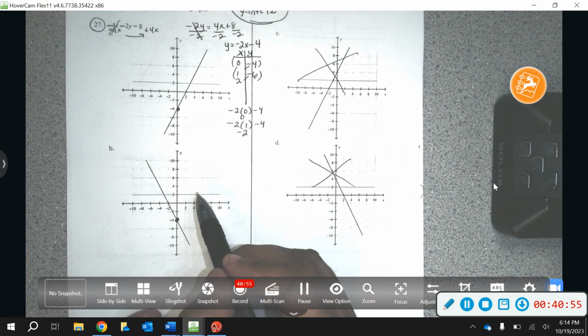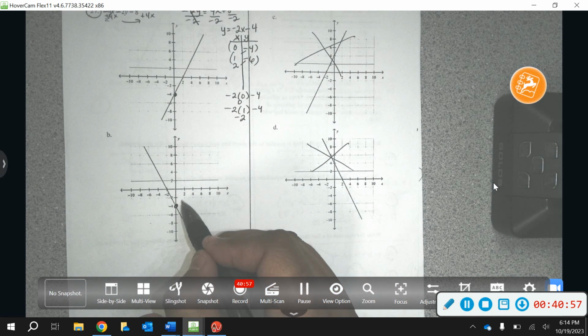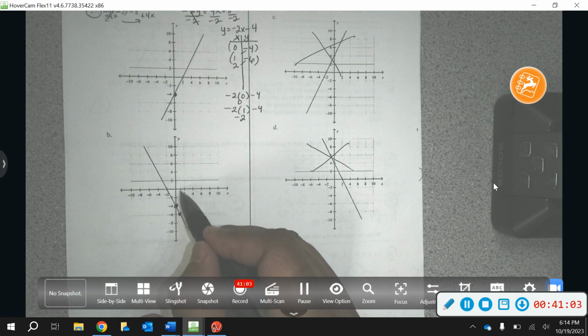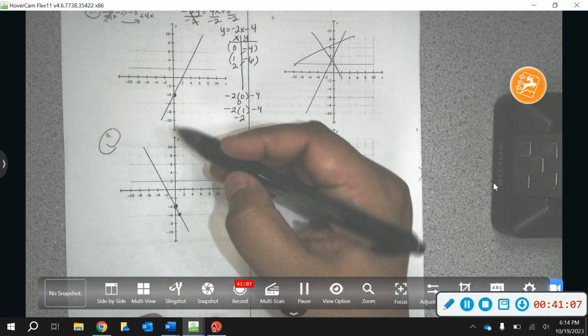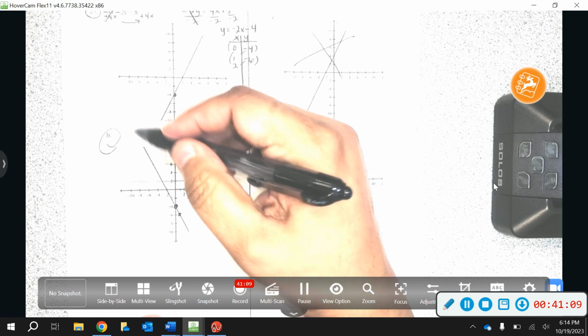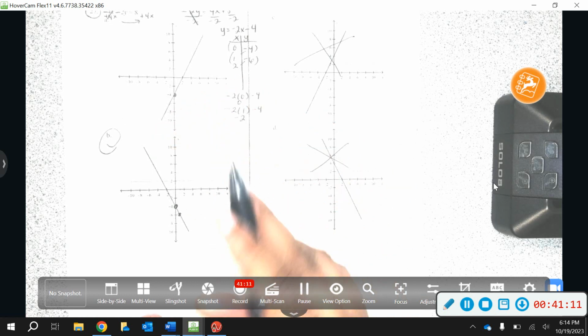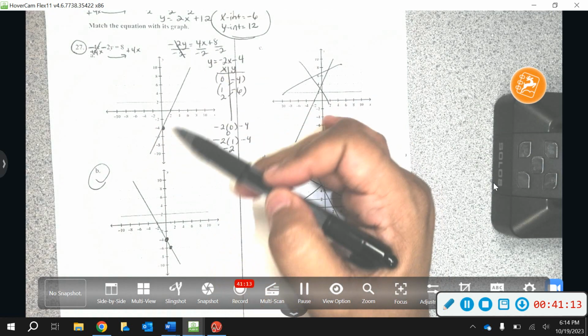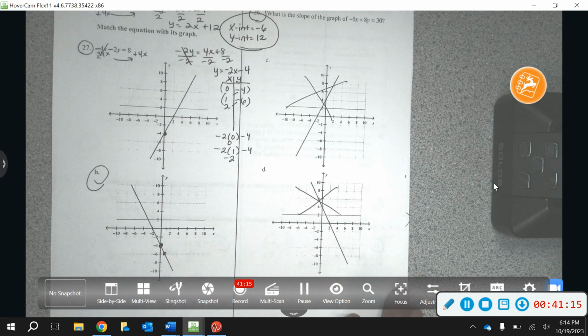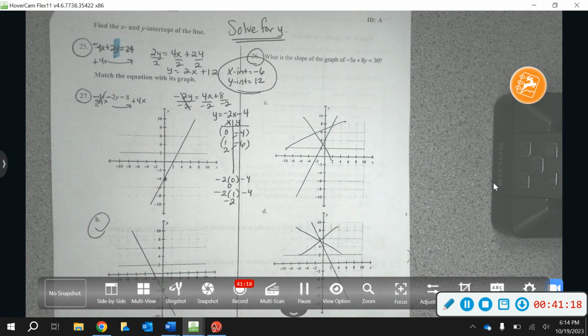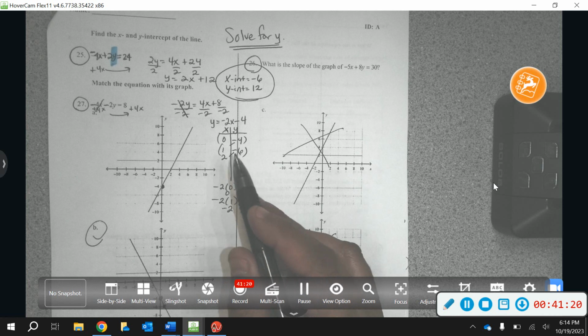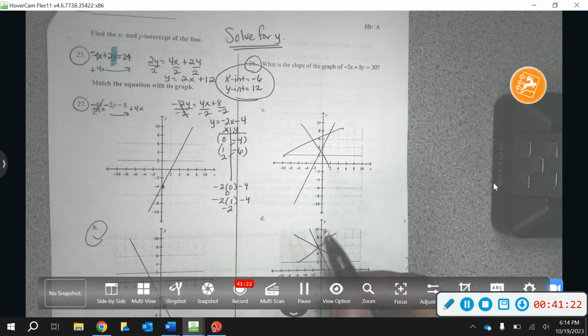So I'm at 1, negative 6, in the in-betweens, because that's 2. So I know that B is going to be my answer. And I already know that with negative slopes, my lines go down from left to right. If I had positive slope, then this one would be my answer. In your XY table, all you need is 2 points that I'm grading.